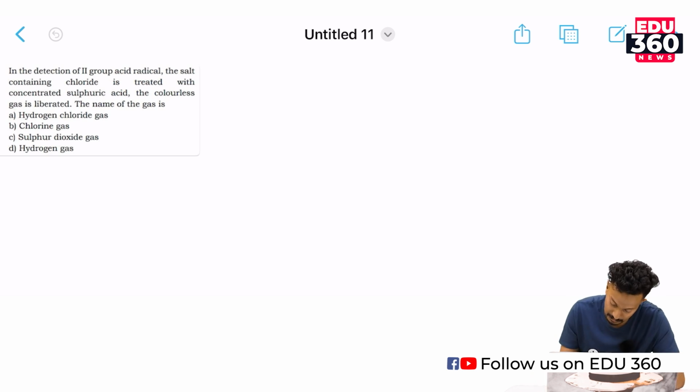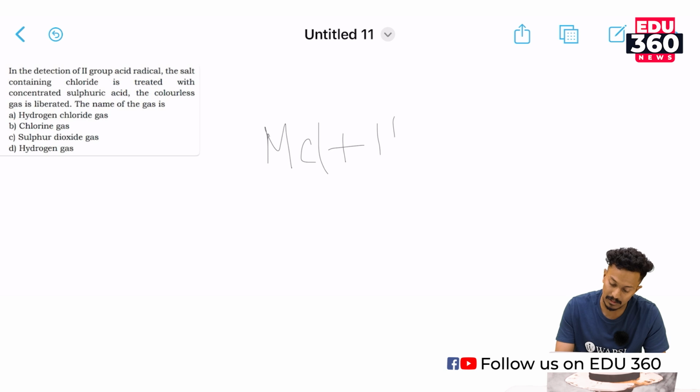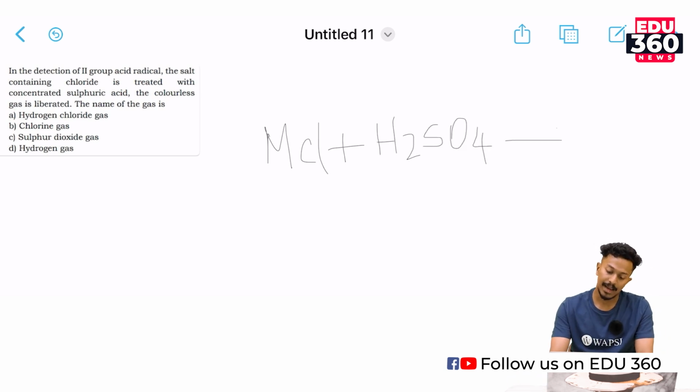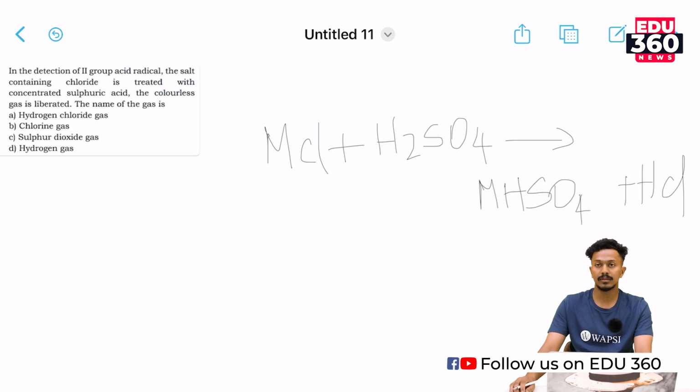We'll name that M chloride, treated with concentrated sulfuric acid. We get MHSO4 with HCl. This is the reason.